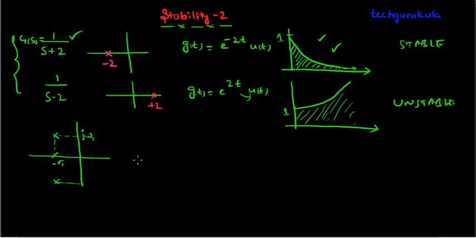Okay, now if we see the time response of this particular function which has this pole-zero configuration, then the function we are going to have will be something like this.